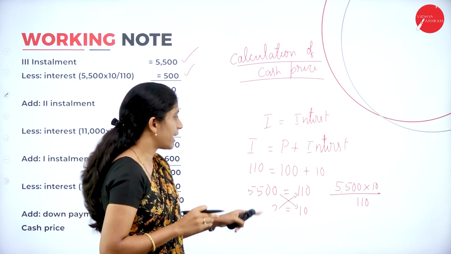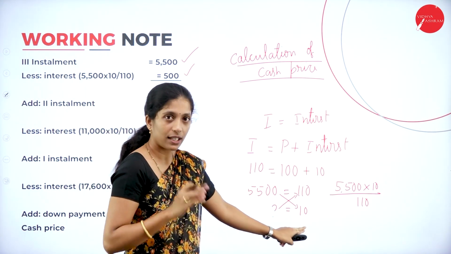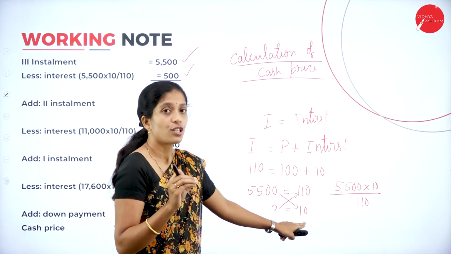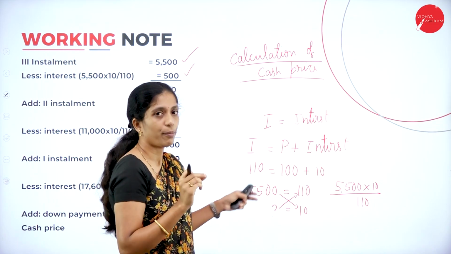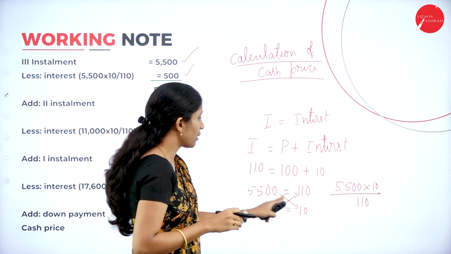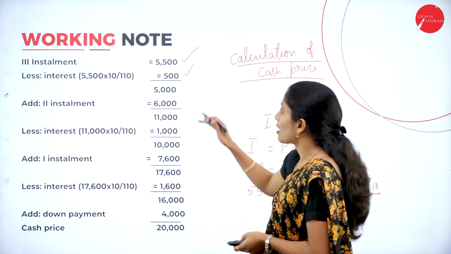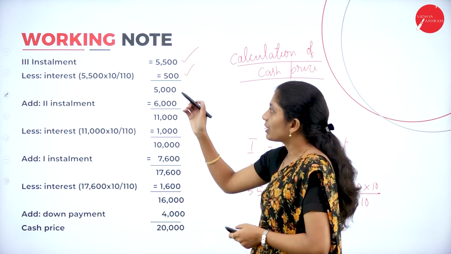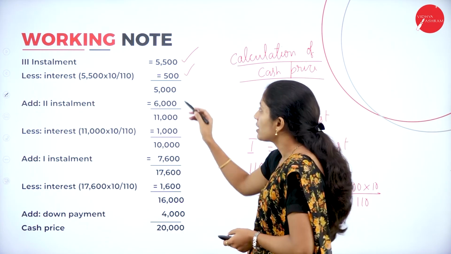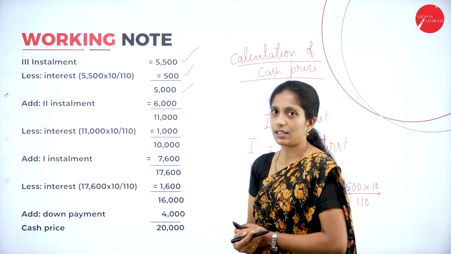We particularly want interest, so for 10 we calculate 5,500 into 10 divided by 110. Interest is 500. So, third installment less interest: we'll get 5,000.